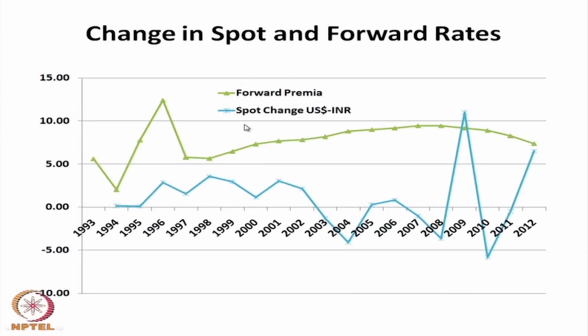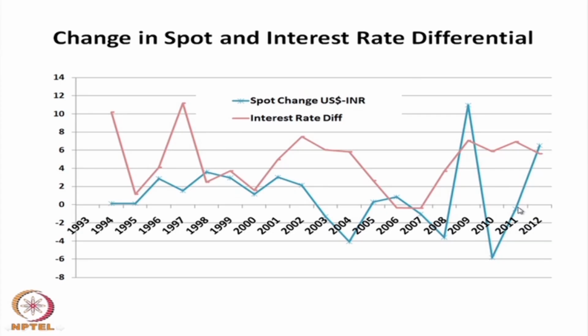Similarly, I tried to find whether the increasing forward premium has anything to do with the spot exchange rate change between the US dollar and the Indian rupee. This also has a significant impact. When the forward premium is increasing, the rupee dollar spot change, the volatility of rupee dollar, is also fluctuating. So to some extent these two influence each other. Similarly, I looked at the interest rate differential and spot change.